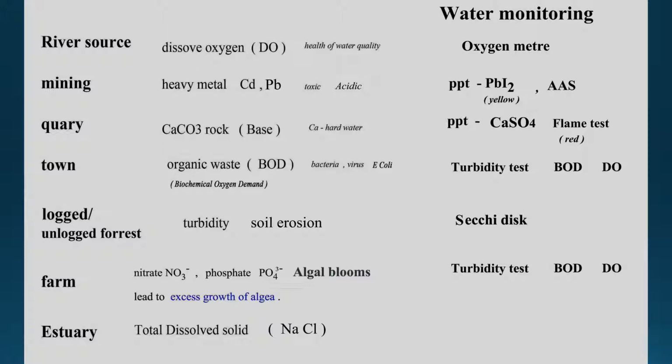Also turbidity test; BOD will be high, dissolved oxygen will be low. Asterisk: NaCl, total dissolved solids, use an evaporation dish. If in low concentration, you have to use a lab test with a conductivity meter. Student, learn this summary well and learn this testing well. This is the summary of all your monitoring.